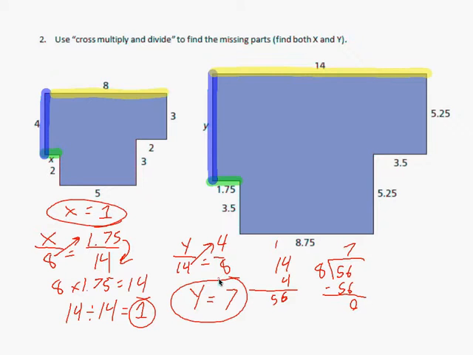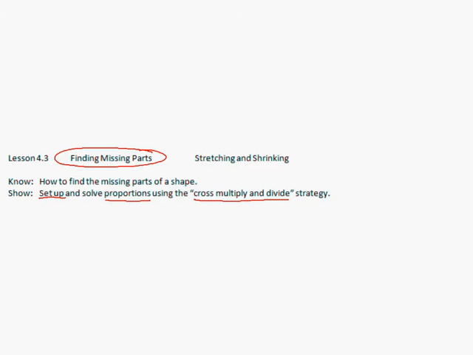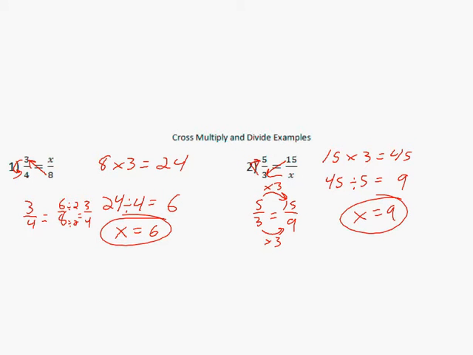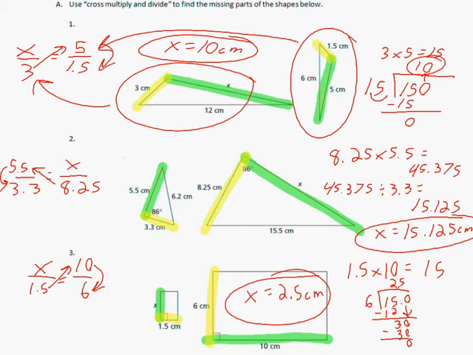Alright, let's go back to the worksheet, make sure we answered everything. Lesson 4.3 was all about this new idea of finding the missing part of a shape. Want you to know how to find the missing part of a shape, so we were going to set up and solve proportions using the cross multiply and divide strategy. Our example is about cross multiply and divide, just as simple as it sounds.